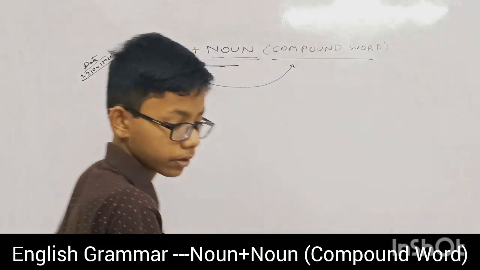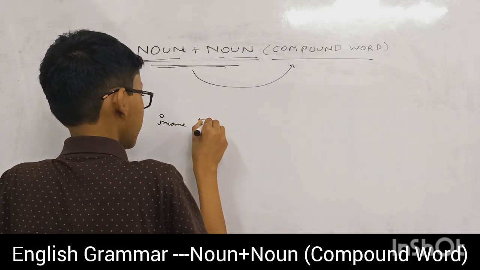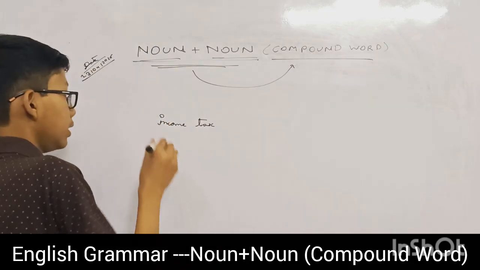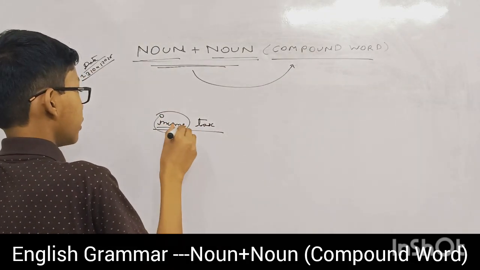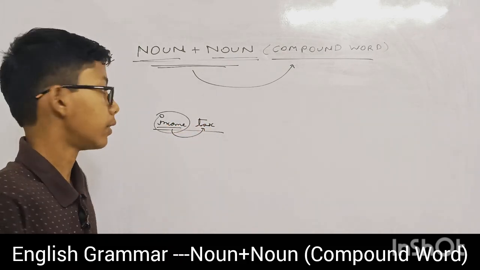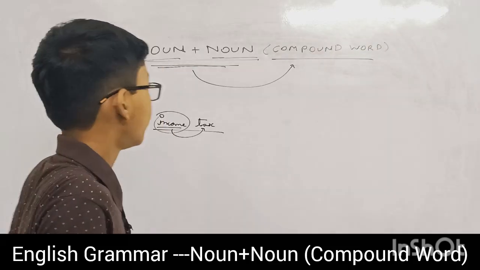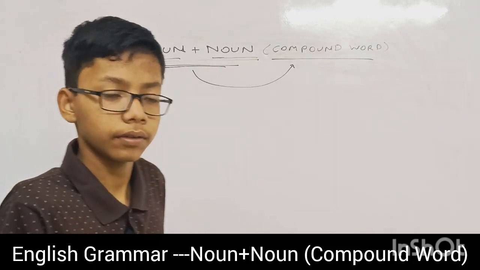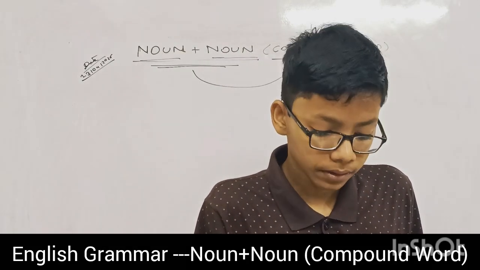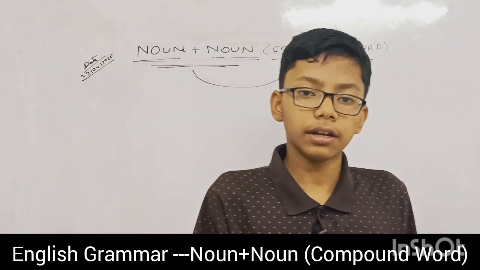Another one is income tax. Income describes tax, as it is the tax that you have to pay on your income or your earnings. So the first noun can act like an adjective that describes the second noun. You can say television camera, television program, television studio, television producer.